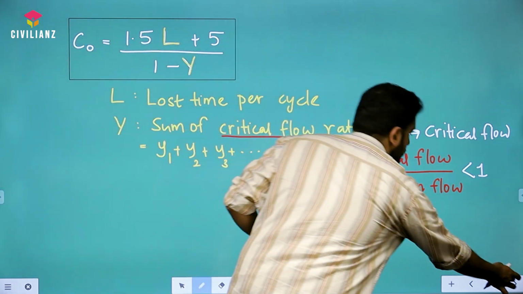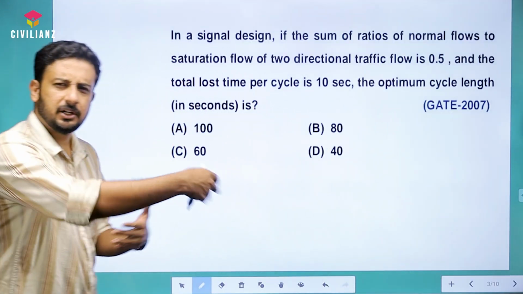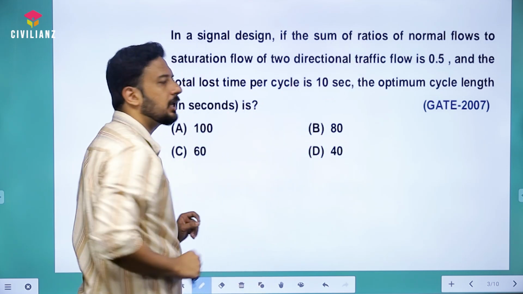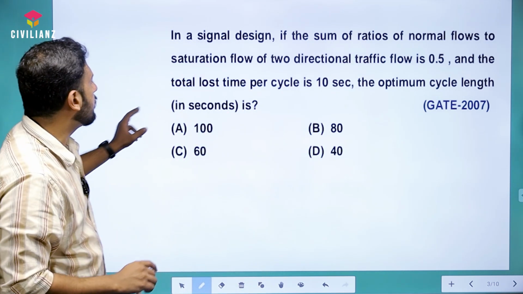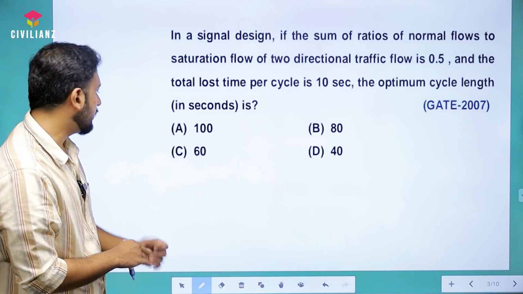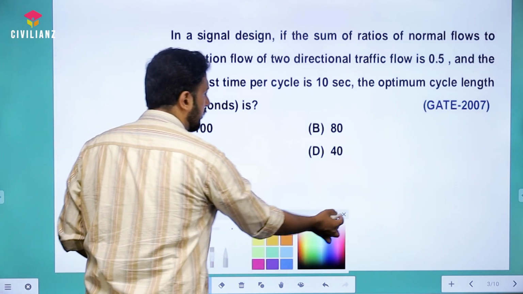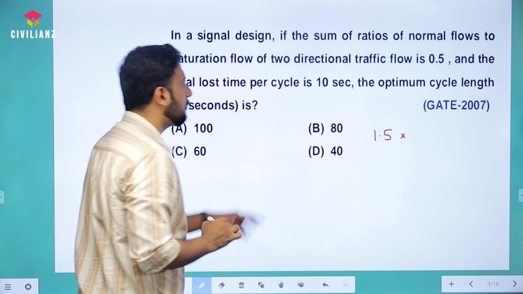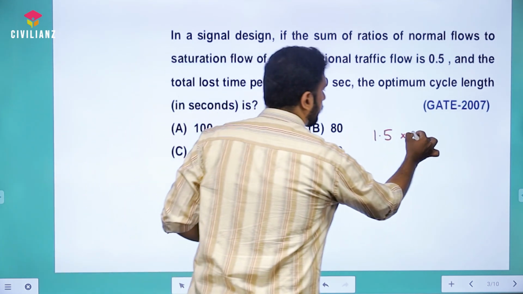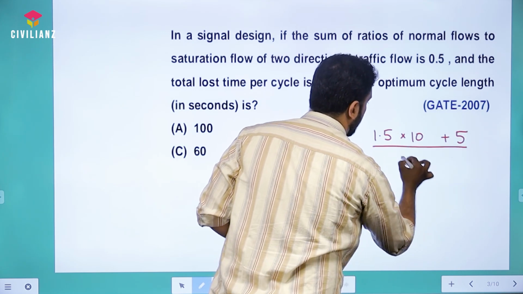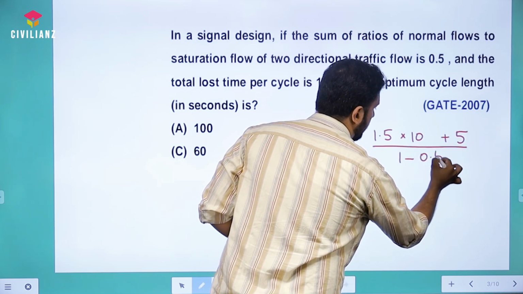So look at this particular question, whether they have given different ratios. No, they have given the sum directly. How much is it? 0.5. And the total lost time per cycle is 10 seconds. The optimum cycle length in seconds, how to calculate it? Very simple: 1.5 L plus 5, whole divided by 1 minus capital Y, where L is 10 seconds and capital Y is 0.5.